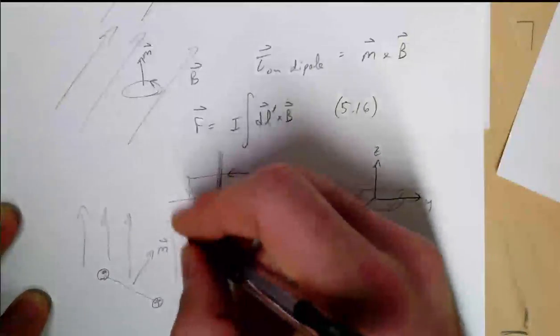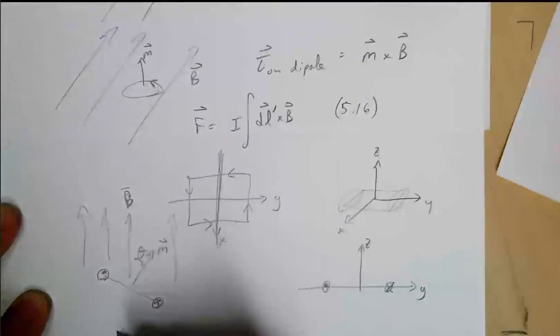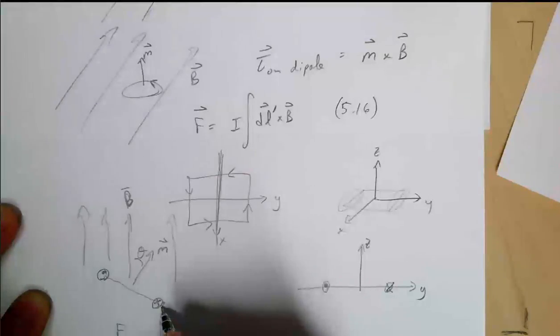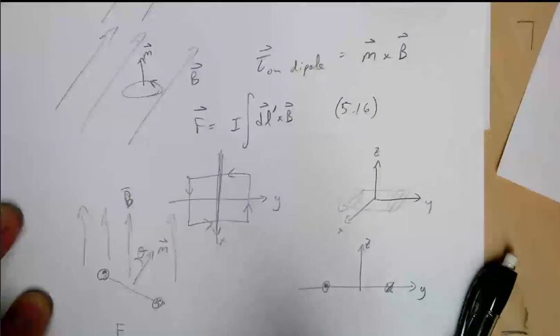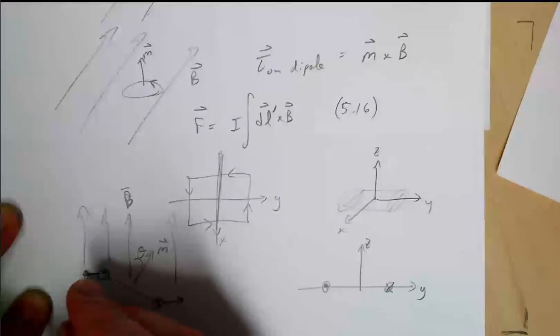If there's an angle theta between them, then the force on this side should be equal to I dl cross B. So dl crossed with B, the force here points in this direction, and the force here points in this direction.